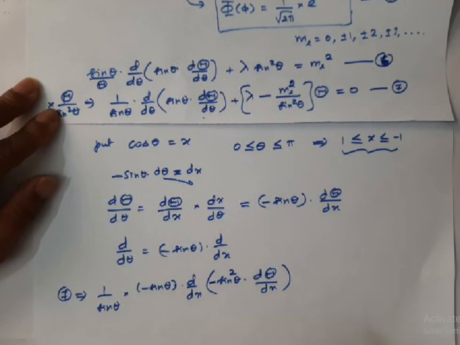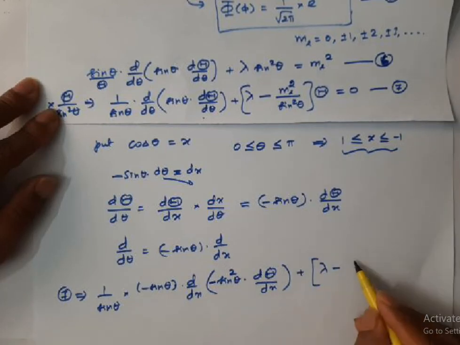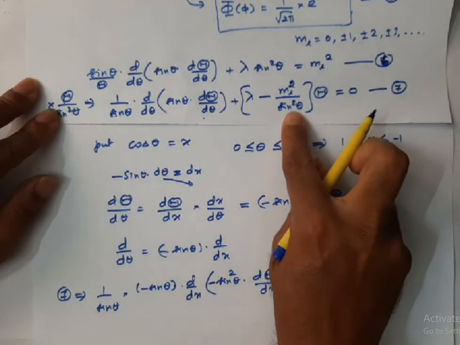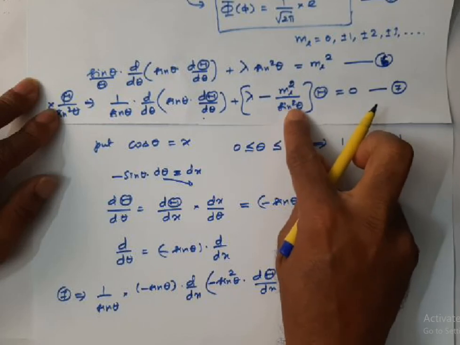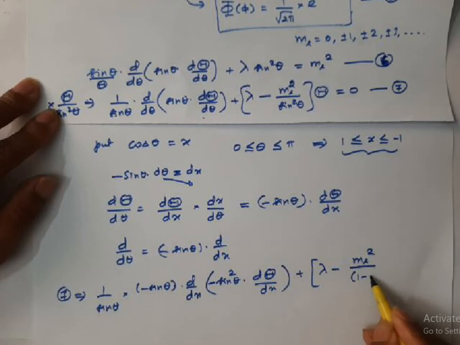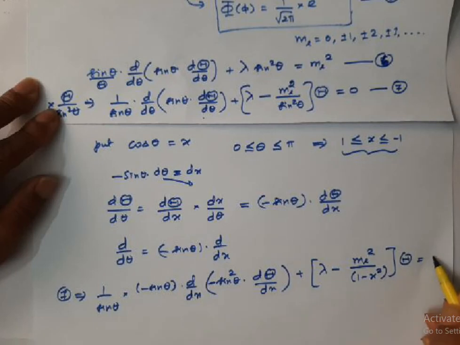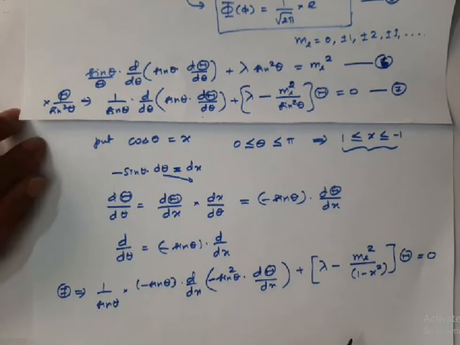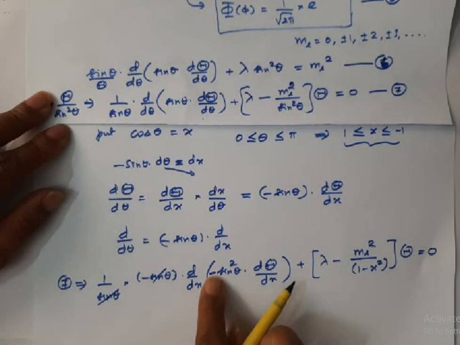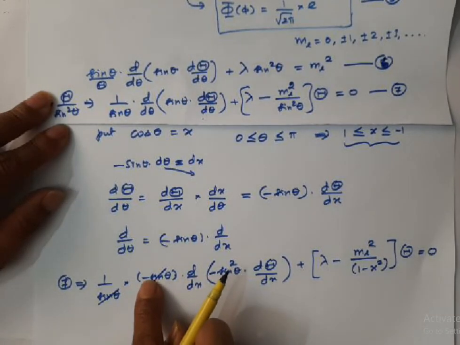Okay, plus lambda minus ml square, I'll keep this as such, by sin square theta, which is nothing but 1 minus cos square theta. Since cos theta is x, we can directly write this as 1 minus x square, into big theta, equal to 0. Now we got an equation like this. Let me simplify this. Sin theta cancels here. Minus, I'll bring it out. Minus of minus becomes plus.